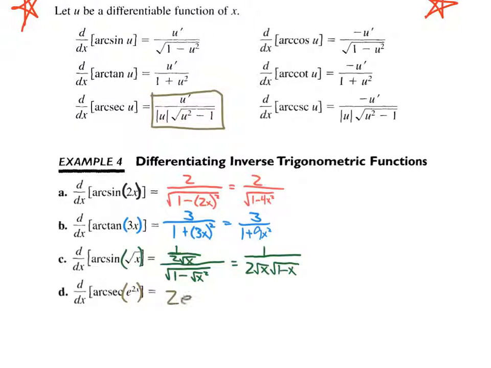Yeah, 2e to the 2x over the absolute value of e to the 2x times the square root of e to the 2x squared minus 1.